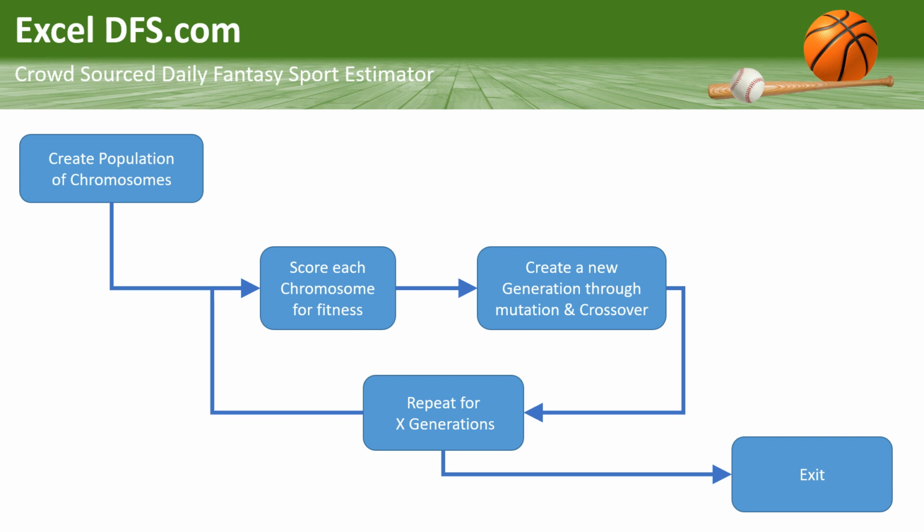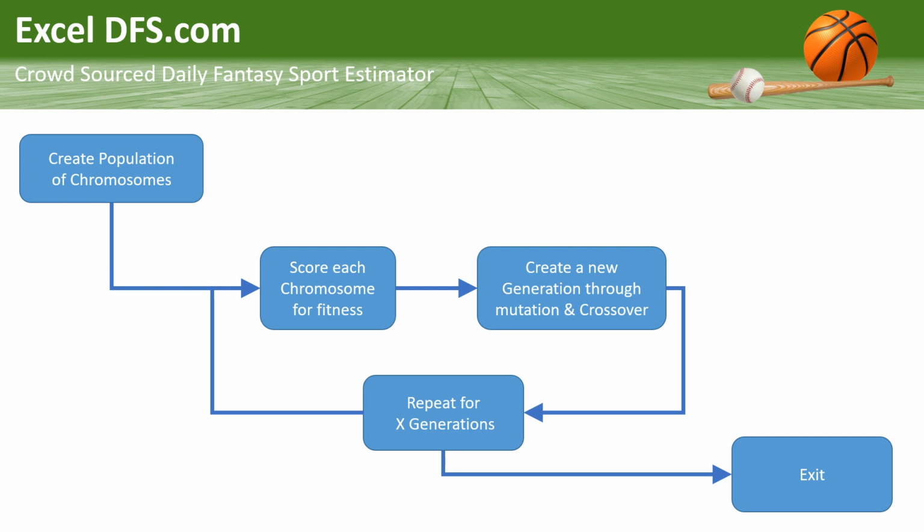The fittest ones get to procreate and produce the next generation, and that generation then competes with each other and produces another generation. As the population of chromosomes evolves in its ability to predict fantasy points, we reach a certain point, either we run out of time, or reach a certain level of accuracy or a certain number of generations, and the algorithm ceases and you have your answer.